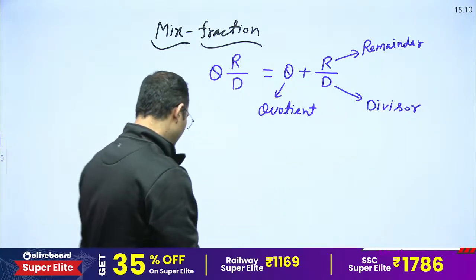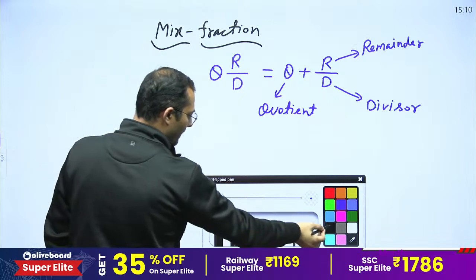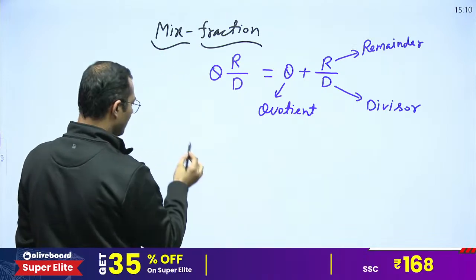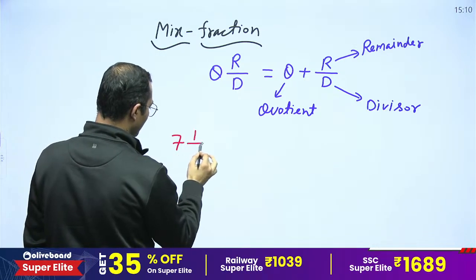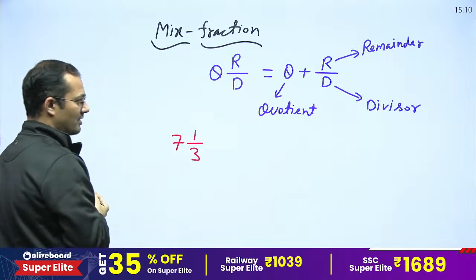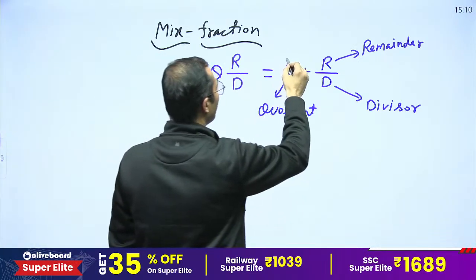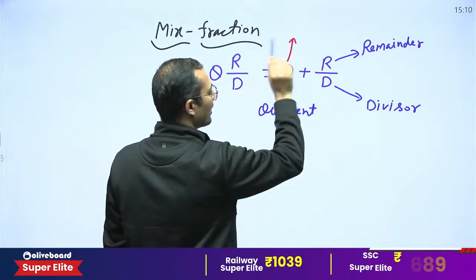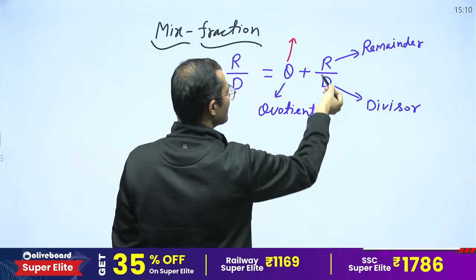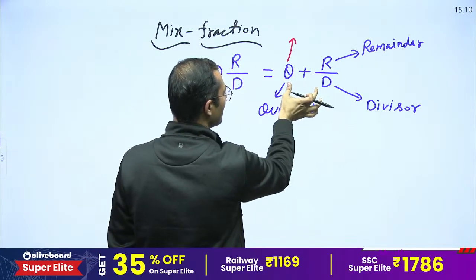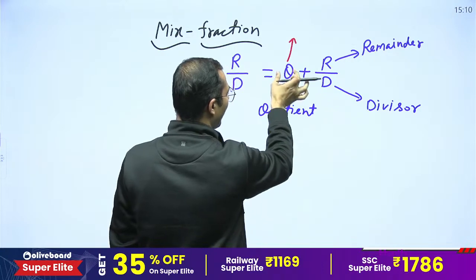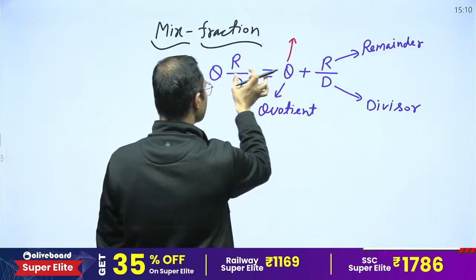Simple. If I say I got a number like 7 whole 1 upon 3, this is a mixed fraction, in which the quotient is any natural number or whole number, and this is a fraction. The combination of a natural number and a fraction is known as mixed fraction.